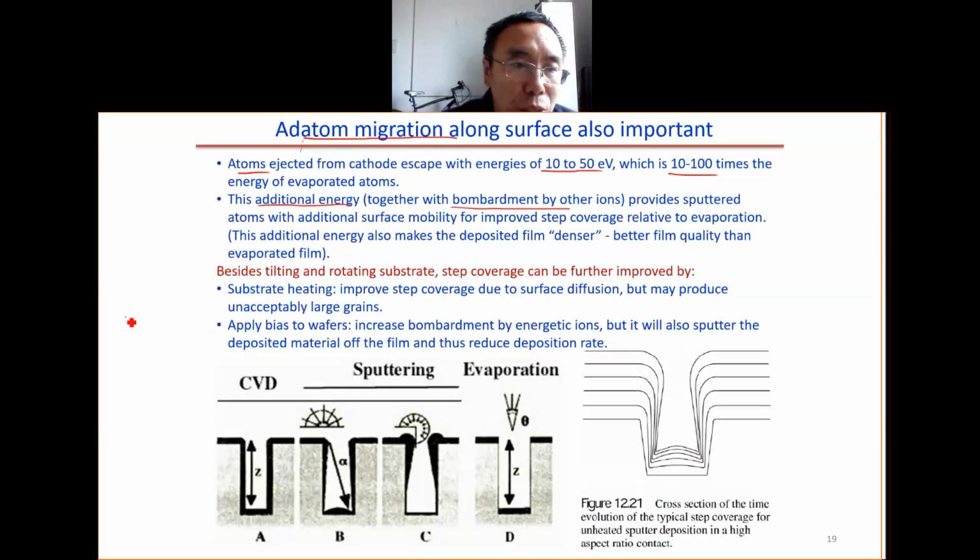If a silver atom comes to the surface, then we have the argon bombardment. This bombardment will also help the silver atom to move around, so that means they have higher migration. This makes the film denser and also gives better coverage.